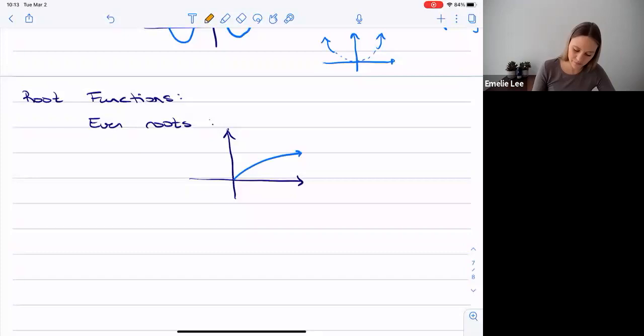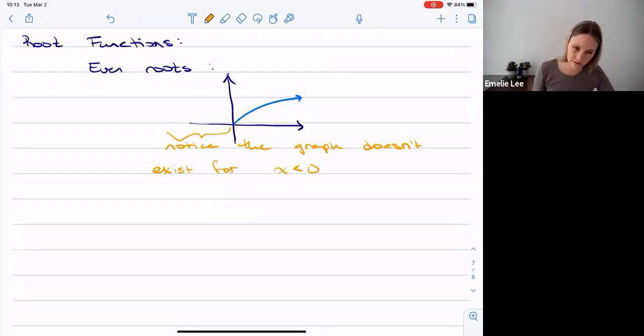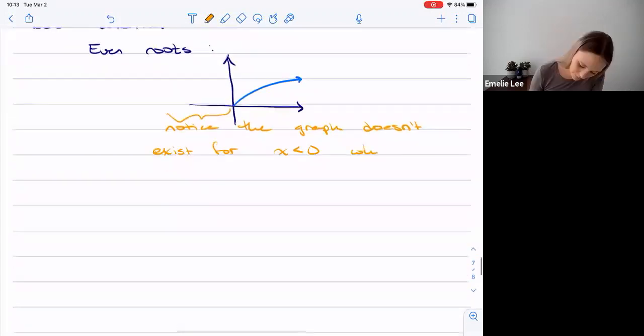So here, notice the graph doesn't exist for x less than 0, right? Which makes sense because we can't take the even root of a negative number, right?